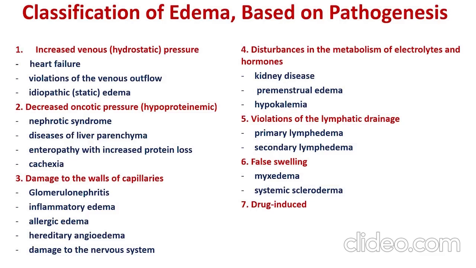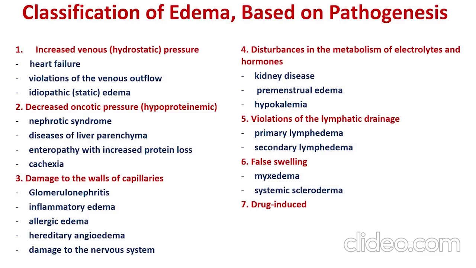Increased hydrostatic pressure may be due to heart failure, violations of venous outflow, and idiopathic edema. Decreased oncotic pressure is possible in case of nephrotic syndrome, diseases of liver parenchyma, enteropathy with increased protein loss, and cachexia. Damage of capillary walls may be because of diseases like glomerulonephritis, inflammatory edema, allergic edema, hereditary angioedema, damage of nervous system.